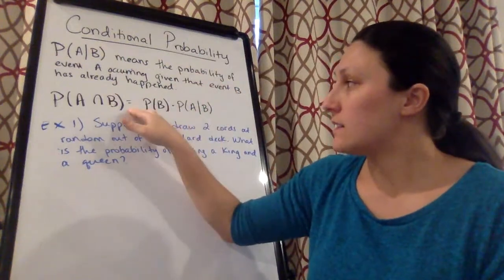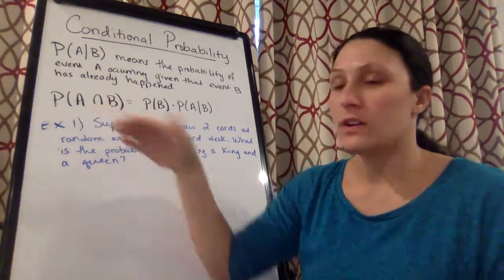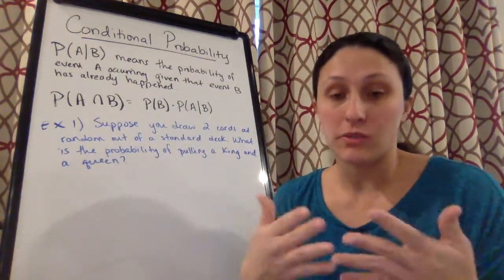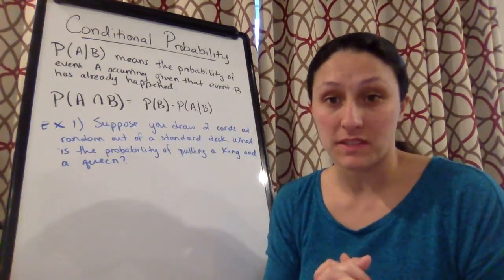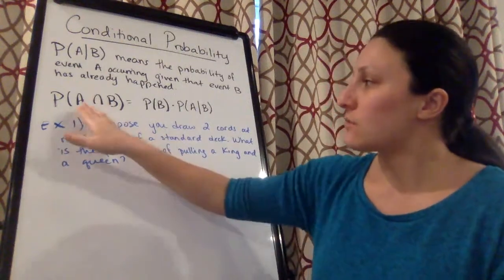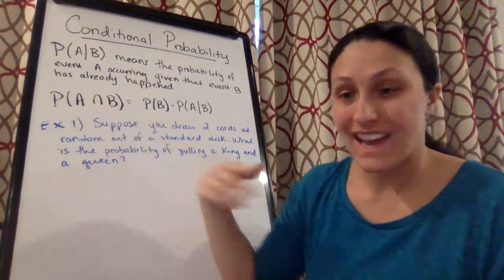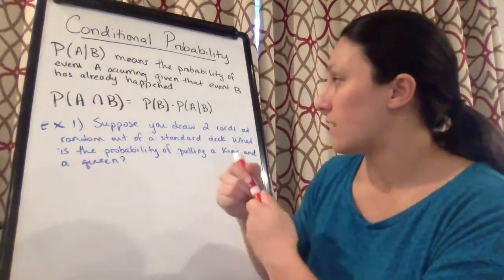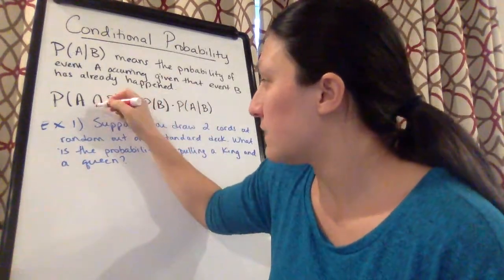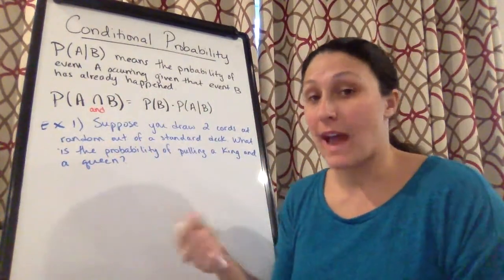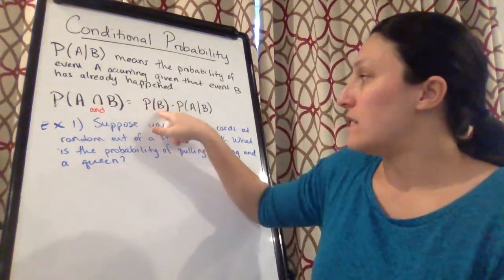The second idea is to know how to do problems where you're asked what's the probability of two things happening. It could be two or more things, but we're just going to focus on two things in this video. So the probability of A and B happening, remember that notation means and. I'm just going to add that right below here. This means and. So the probability of A and B happening means that B must have happened.